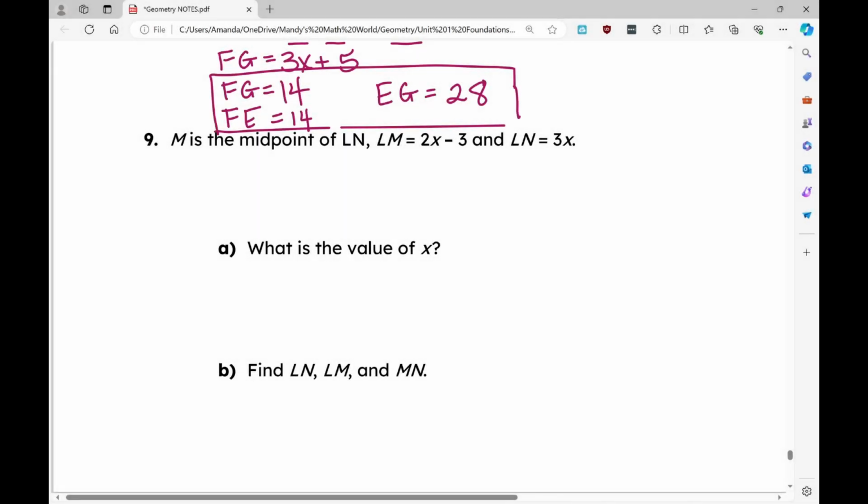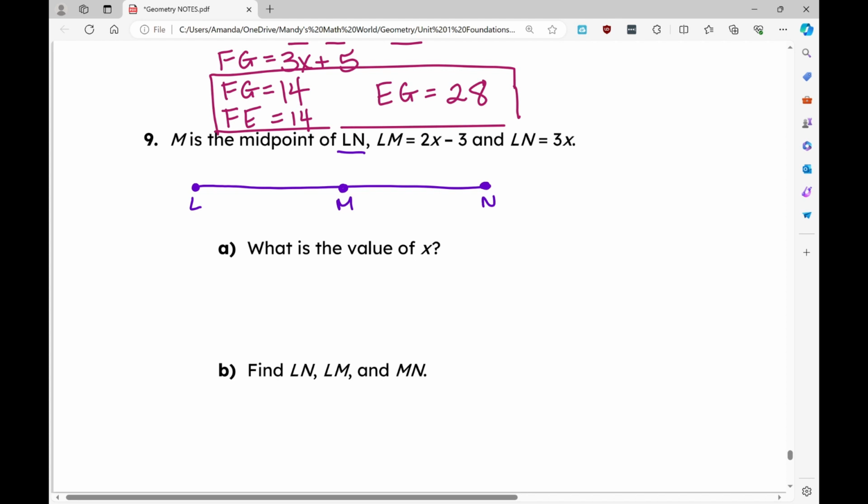Number 9 states that M is the midpoint of LN. The length of LM equals 2x minus 3, and the length of LN equals 3x. So let's draw a picture of this. So we know if M is the midpoint of LN, then segment LN is going to look like this, and M is the midpoint.